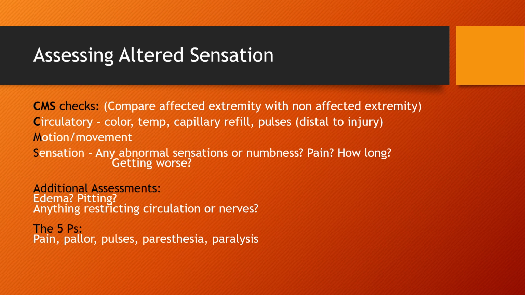And for sensation, paresthesia, unrelenting pain, pain on passive stretch, and absence of feeling. Those are some of the indicators of peripheral neurovascular dysfunction, which would be of great concern, and something that needs to be addressed with that patient because they're having a problem.